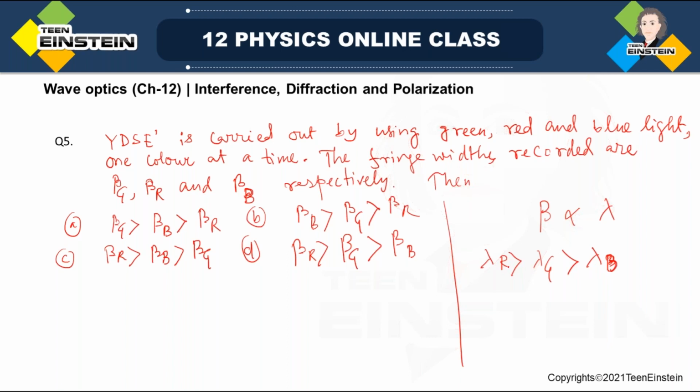So red has the longest wavelength, then green, then blue has the least. So the fringe width for red light is greatest, then green, and then blue. So the 4th option will be the correct answer for this question.